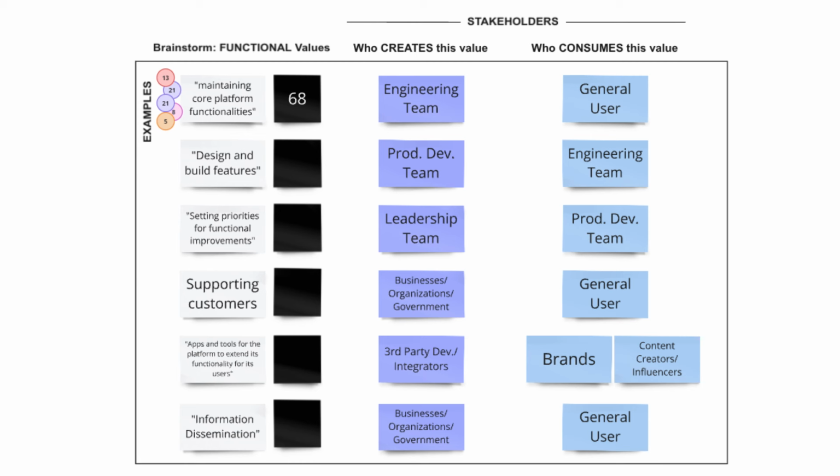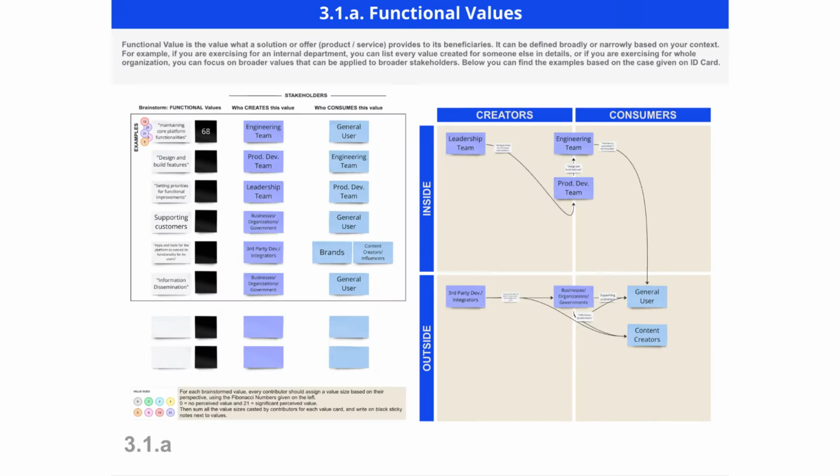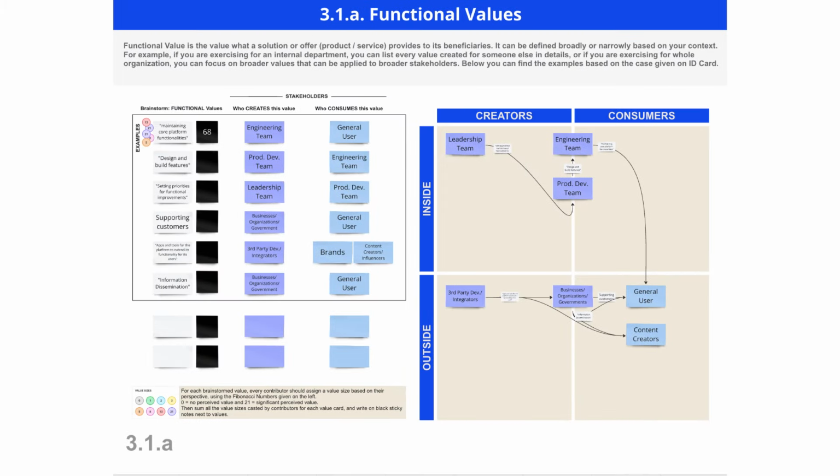Let's think about another functional value. For example, companies, organizations, and even governments use this platform to disseminate information about themselves, and this can be classified as functional value, right? So who creates this value? The ones who want to disseminate correct information about themselves, the aforementioned businesses, organizations, and governments. So who consumes this value? Well, obviously, general users, but there is more.